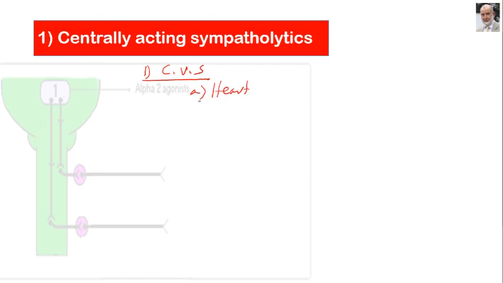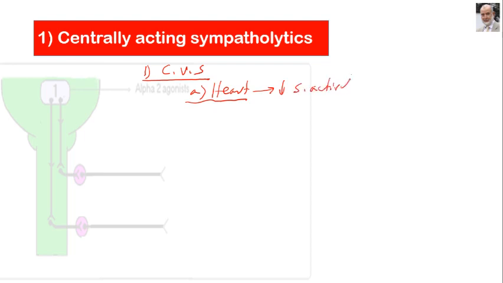The heart, as we know, has a certain sympathetic drive through the vasomotor centers in the medulla and the cardiac centers. The cardiac centers will activate the heart, increasing the heart rate. In this case, if we decrease the sympathetic activity to the heart, what will happen?